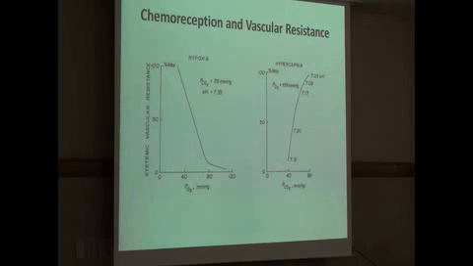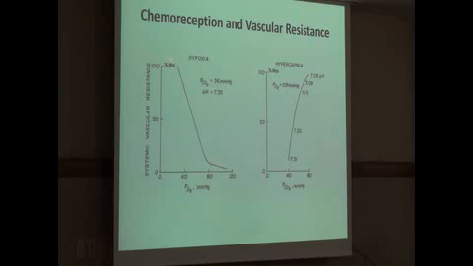Okay, so how does that function? Well, this schematic shows you what happens with vascular resistance as a function of the PO2 of the blood. If there is 100% saturation of the blood, then everything is under control.